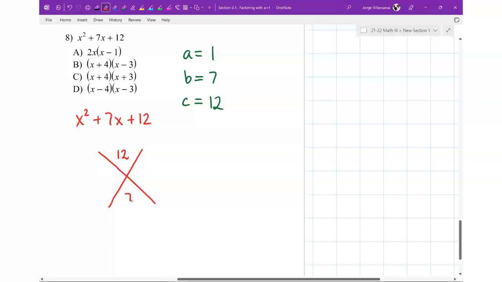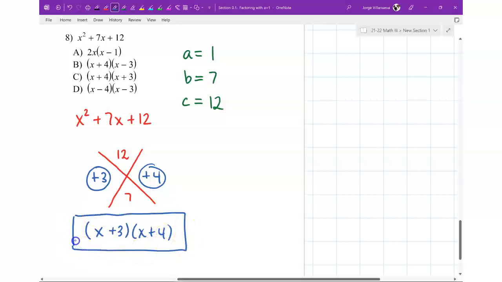Okay? What two numbers? 3 and 4, positive. So 3 times 4 is 12. 3 plus 4 is 7. So that looks good. So you're just going to write x plus 3, x plus 4. Which would be what? C, right? So there you go.